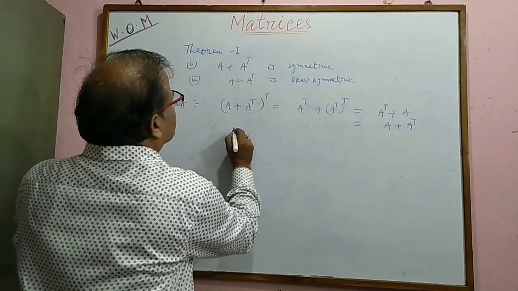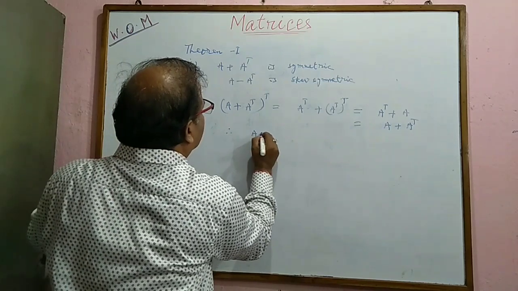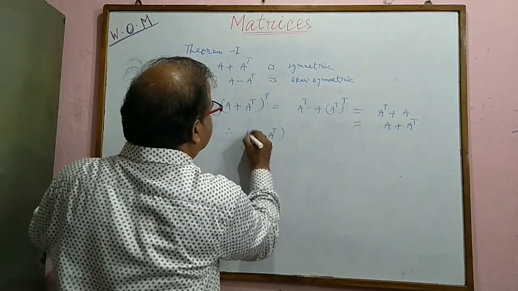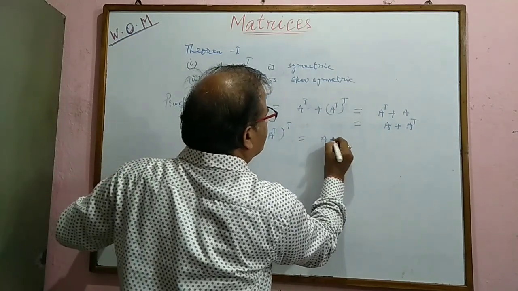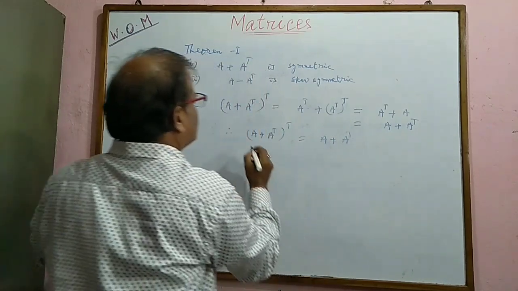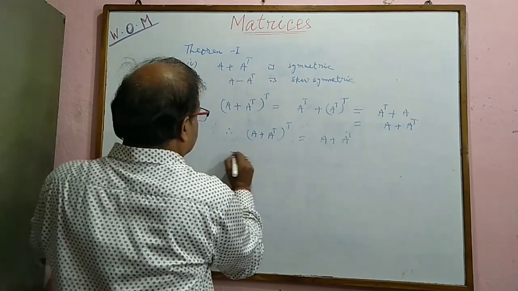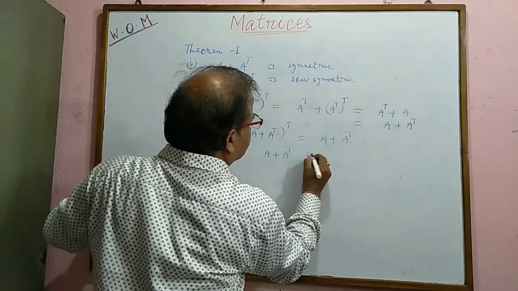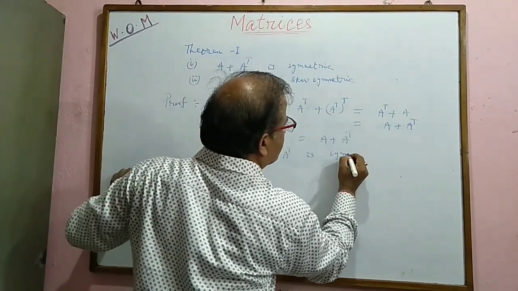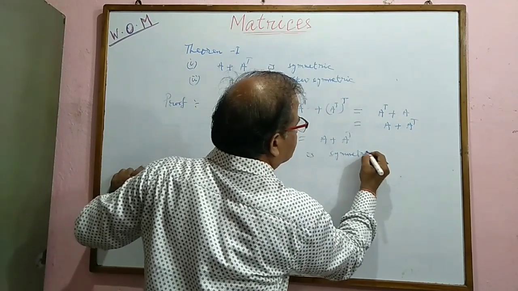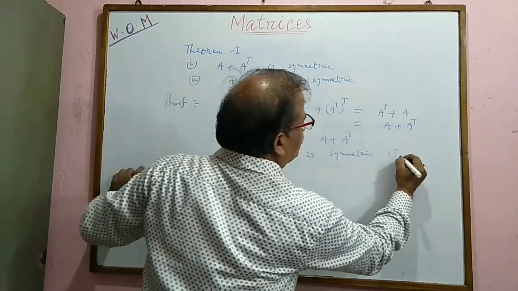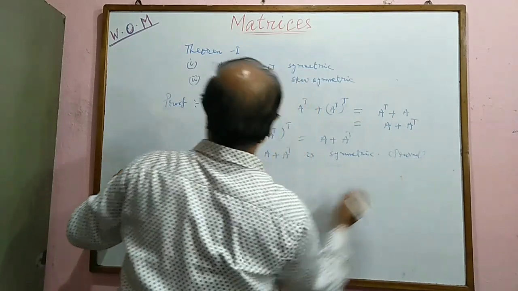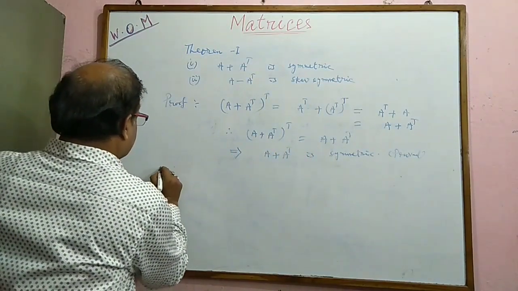Therefore, A plus A transpose whole transpose is equal to A plus A transpose. That implies A plus A transpose is symmetric.